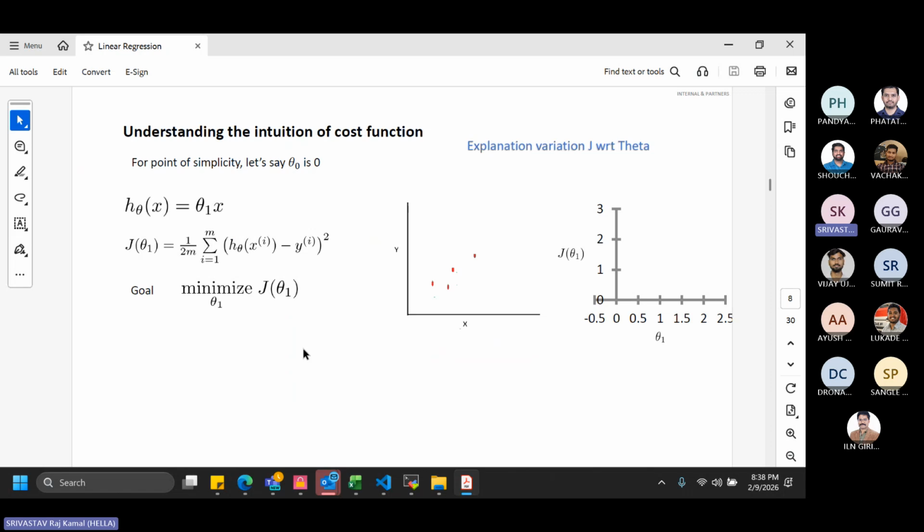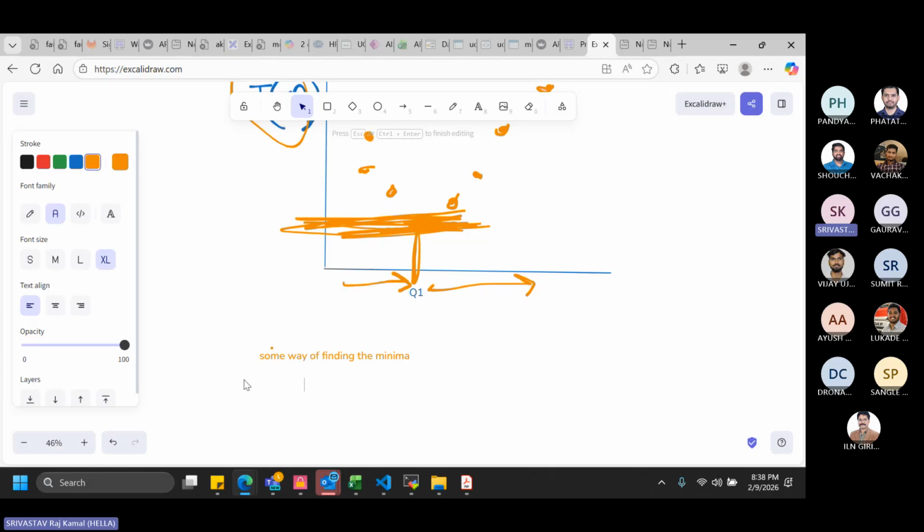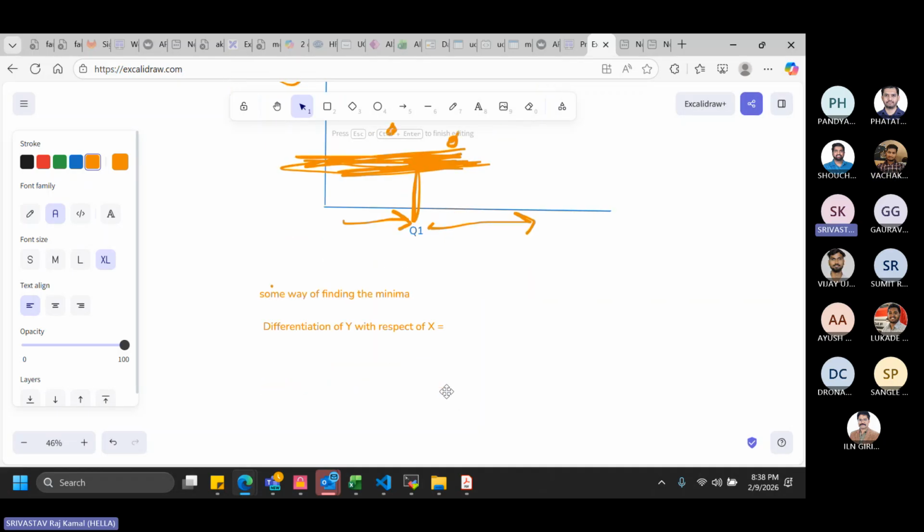Now if we go to 11th grade mathematics, the best way of finding the minima is by doing differentiation. This is how differentiation works. So if you do the differentiation of y with respect to x, for example, of a constant, it will give zero.